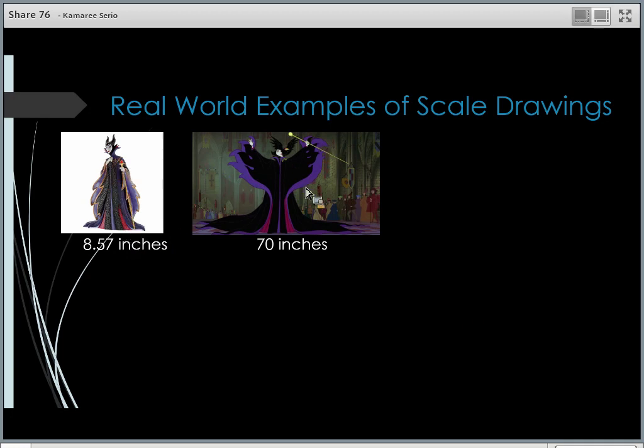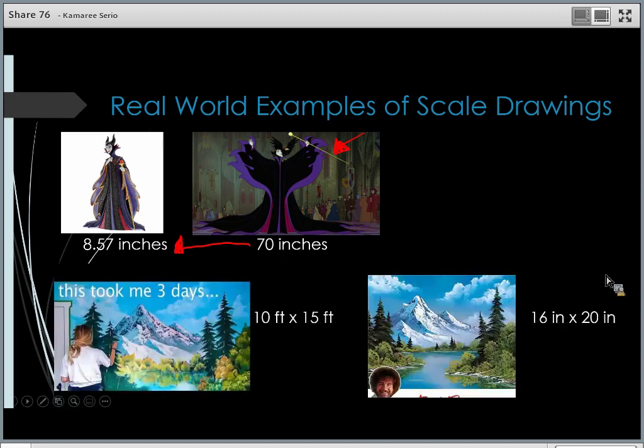However, in real life, I'm using air quotes, if Maleficent were to actually exist, she would be 70 inches tall. So this is my original, much bigger. This would be a reduction because I'm going from large to small, a small little 8.5-inch figurine.